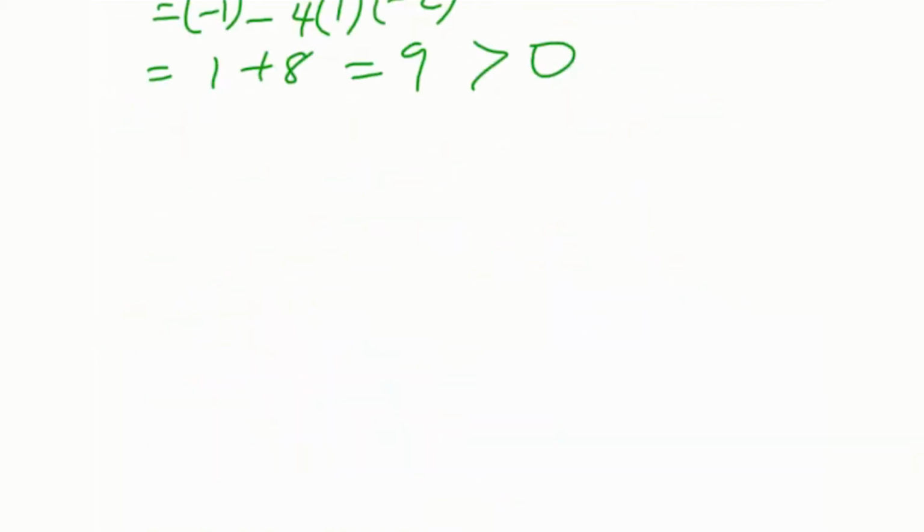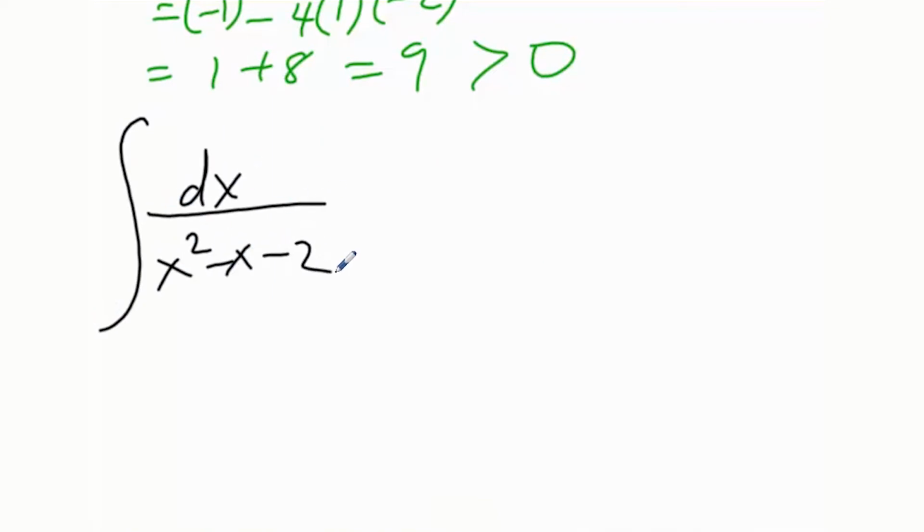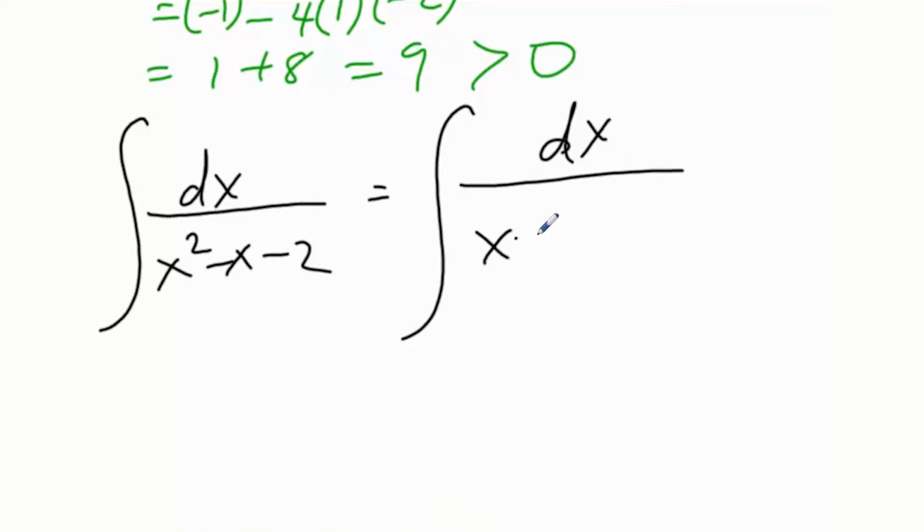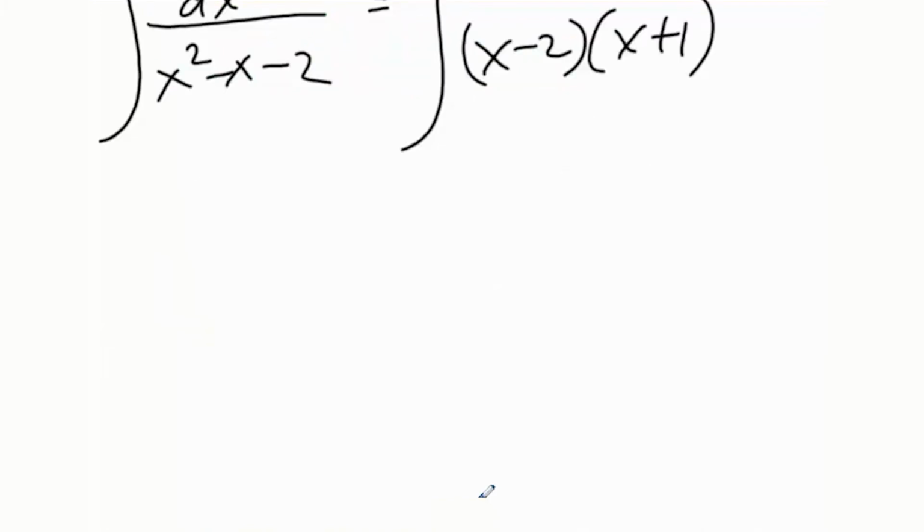So we have the integral of dx over x squared minus x minus 2. I can factor the denominator to give me the integral of 1 over (x minus 2)(x plus 1). What I need to do first is use partial fractions to simplify this into two fractions.